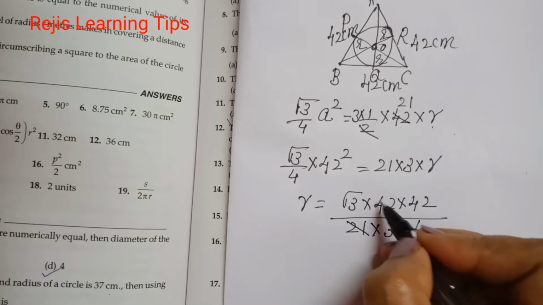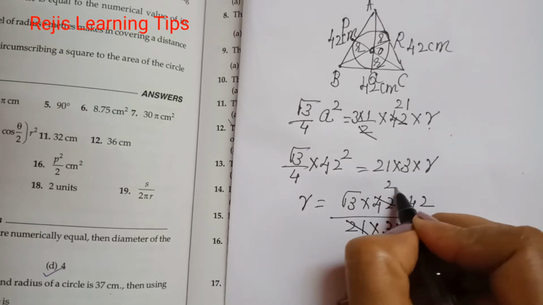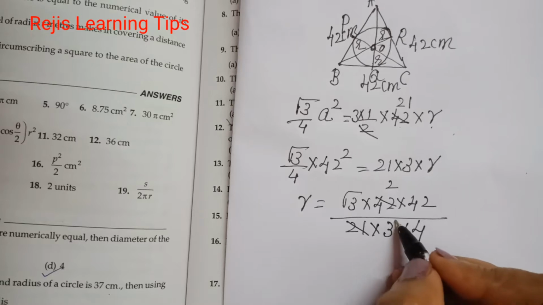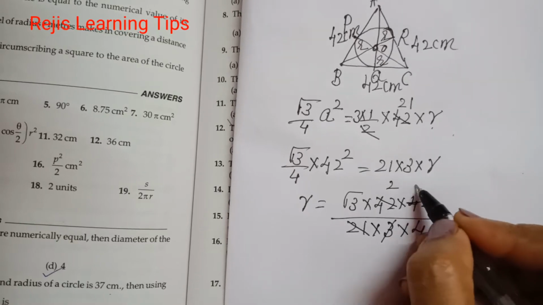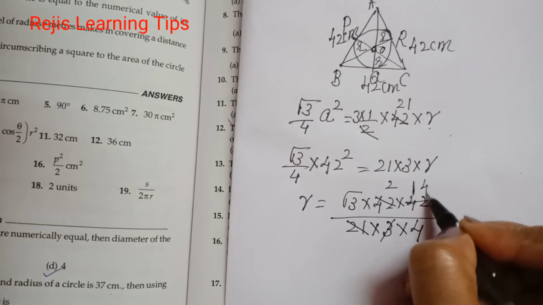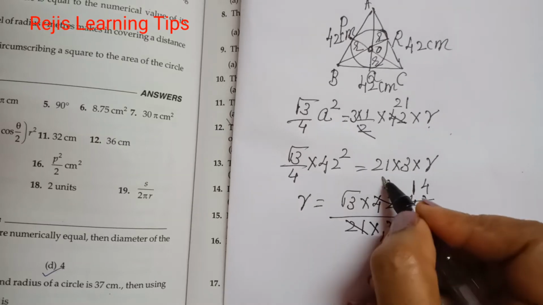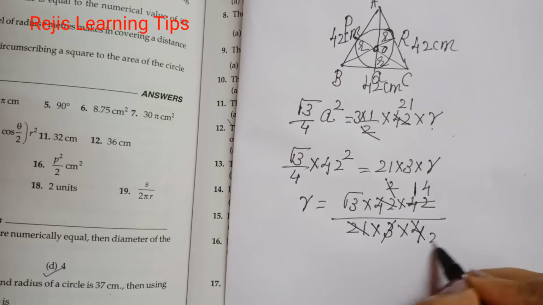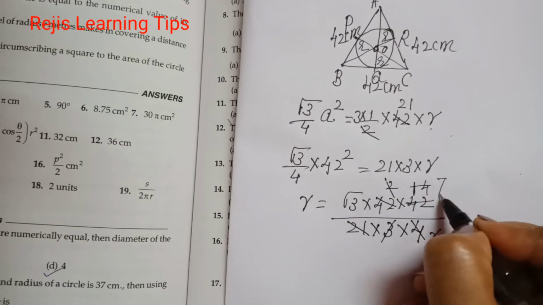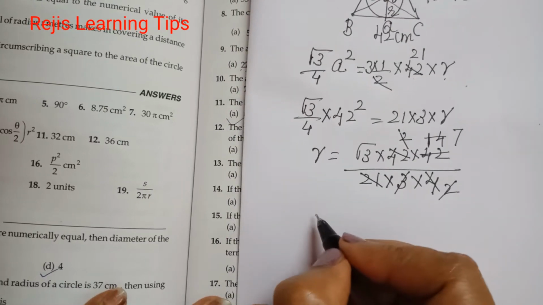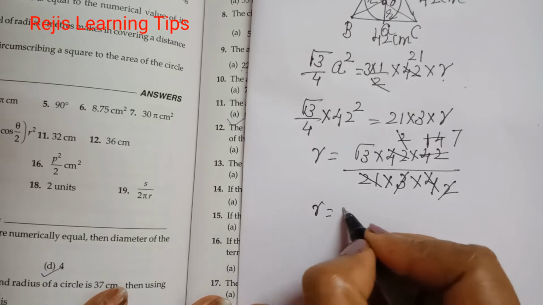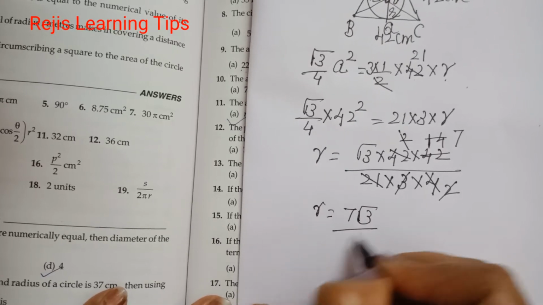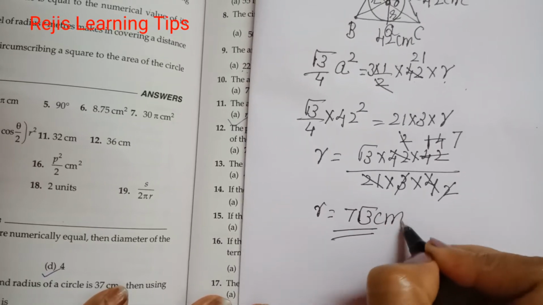We can cancel this 21 and 42, then we will get here 2, and 3 and 42 we can cancel, 1 then 4. 2 and 4 we can cancel here, then we will get here 2, and 2 and 14 7. So the radius is equal to 7 root 3 centimeter.